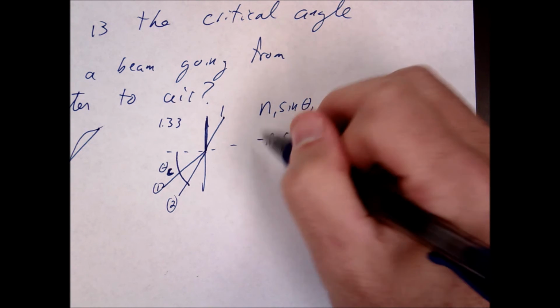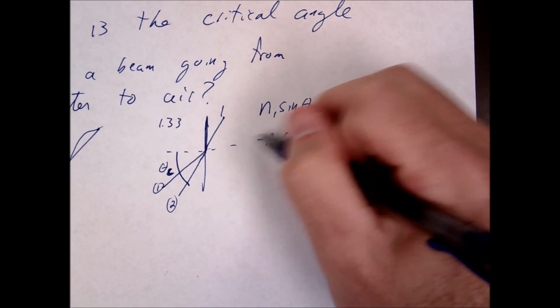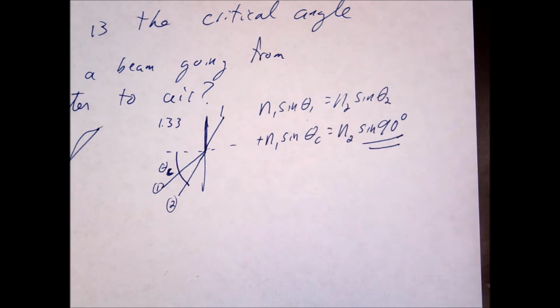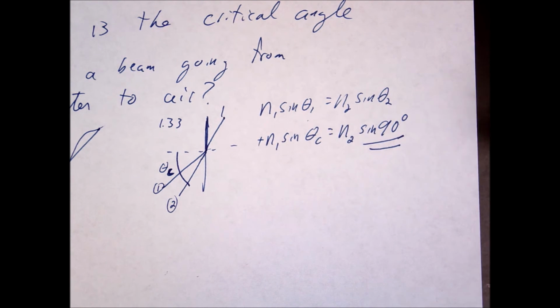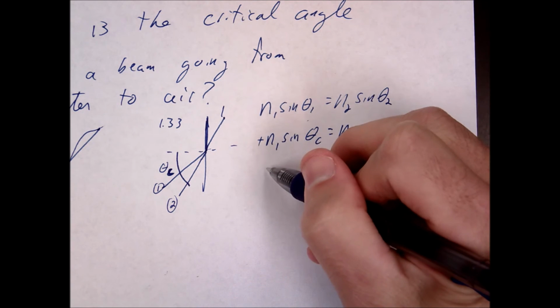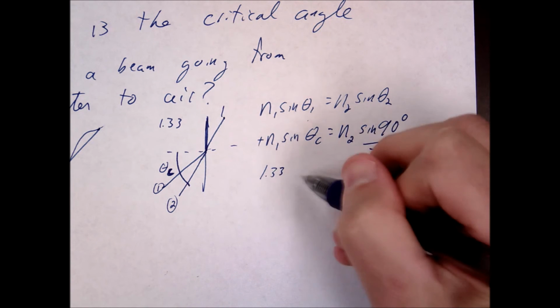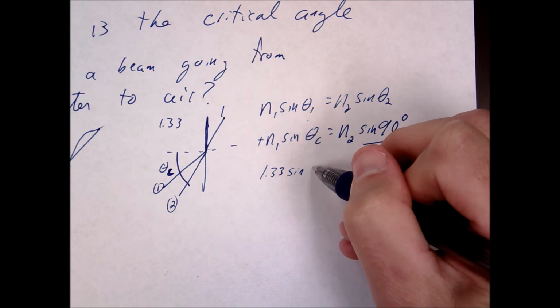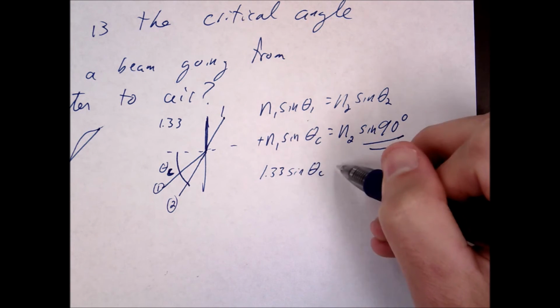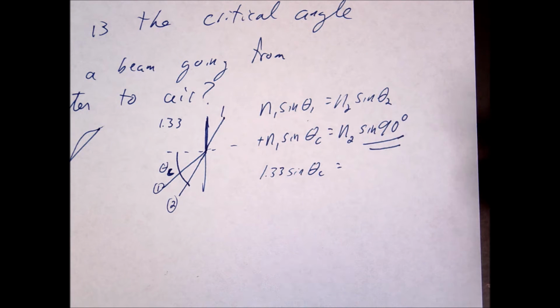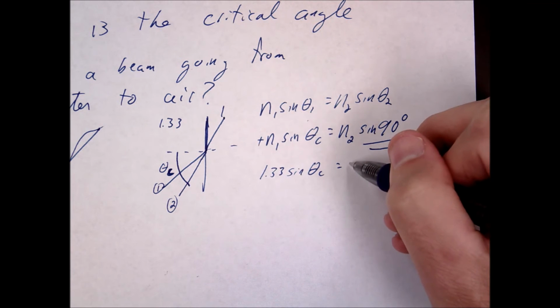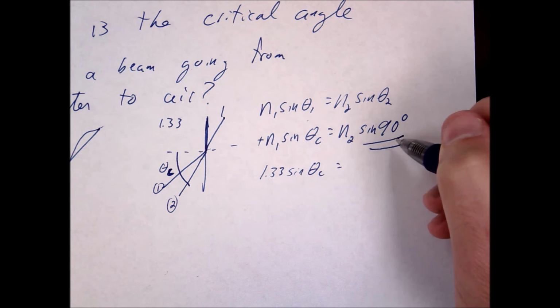Sorry, yeah, that was from the normal. It's not negative. What's the sine of 90? 1, right?